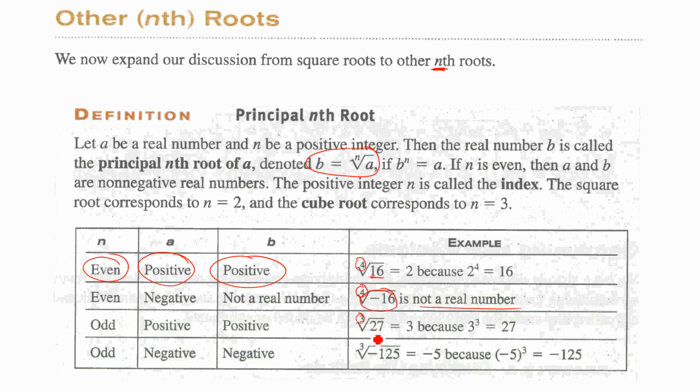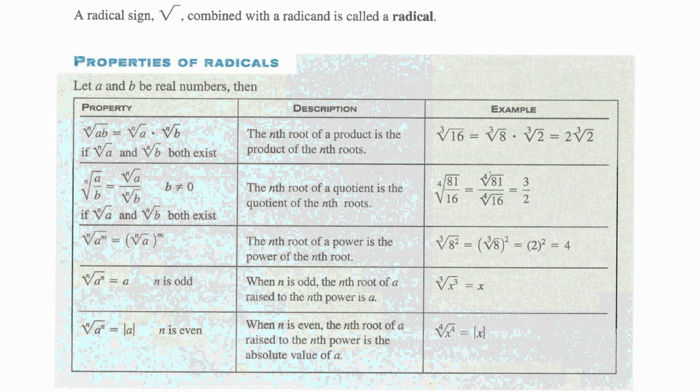So the odd root of 27 is positive 3. But the cube root of negative 125 is negative 5, because negative times a negative times a negative is still a negative. Okay? All right, so we have these properties, and I believe you got these down from the summary already, but if we missed anything, let's go ahead and tack those on. So I'll pause the video for a second and get these, and then we'll talk about the examples.